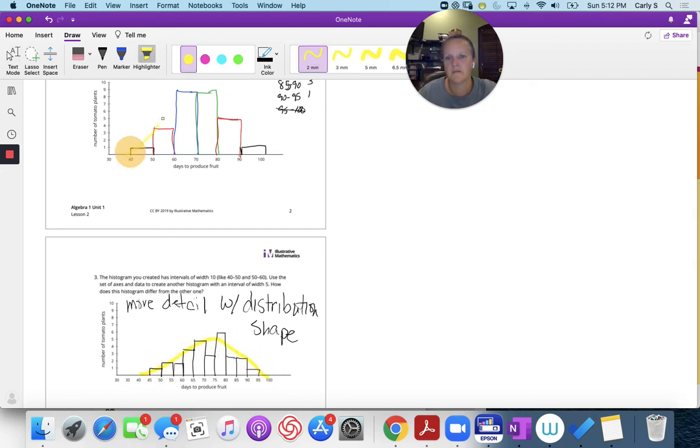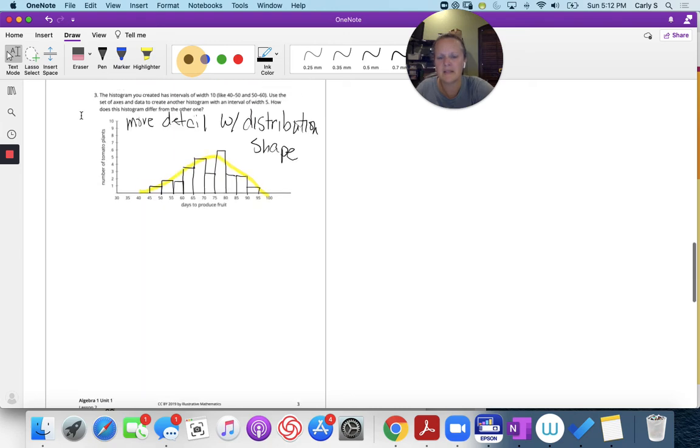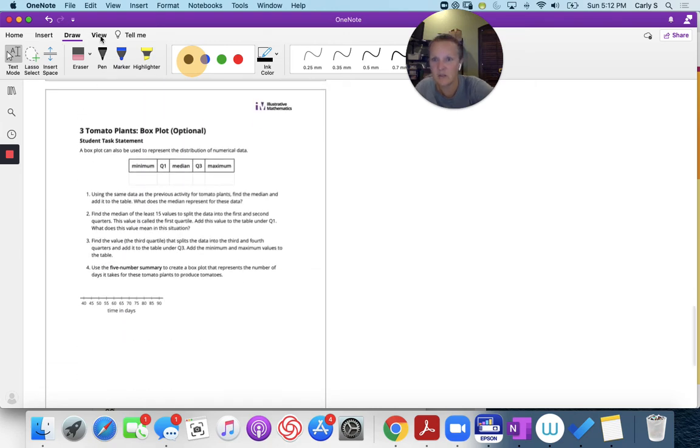Okay. So a little more detail with the distribution shape. It's still going. I got the pen right here. It's still writing down there. I'm afraid if I erase it, it's going to erase the whole thing. Oh, nope, it didn't. It just erased a bit. All right. So yeah, that's the difference. So you might want to write down the distribution shape of something new, and it's just that curve that the shape makes that you can sort of make with a highlighter or shade it with a pencil. That's the difference. All right, let's zoom this back in.